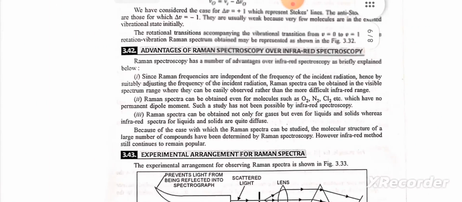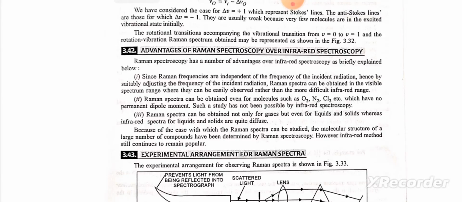Advantages of Raman spectroscopy over infrared spectroscopy. Raman spectroscopy has a number of advantages over infrared spectroscopy, as briefly explained below. Since Raman frequencies are independent of the frequencies of the incident radiation, by suitably adjusting the frequency of incident radiation, Raman spectra can be obtained in the visible spectrum range, where they can be easily observed, rather than the more difficult infrared range.